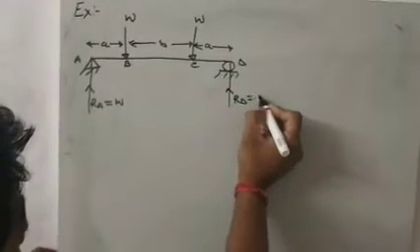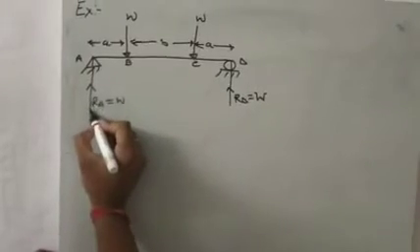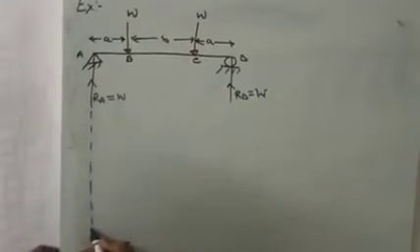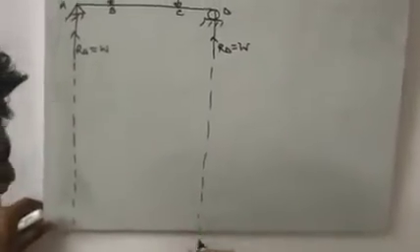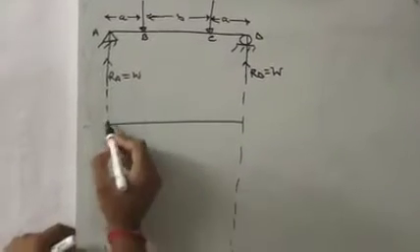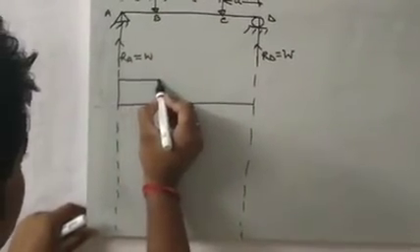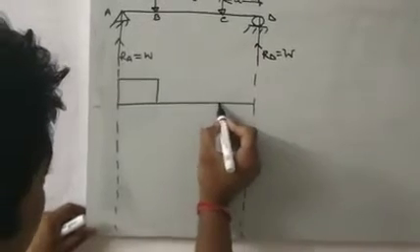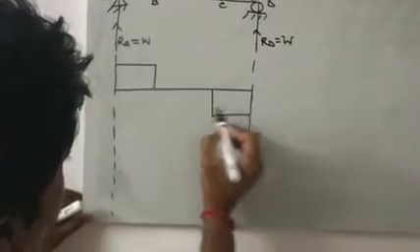Then RD will also be equal to W. Now when we draw the shear force diagram of this beam, it will look like this. This is the shear force diagram, right?